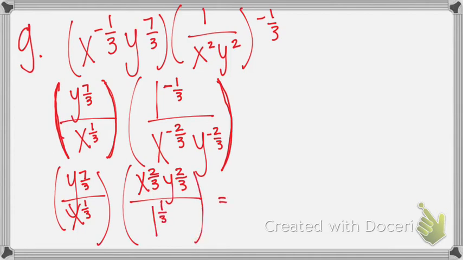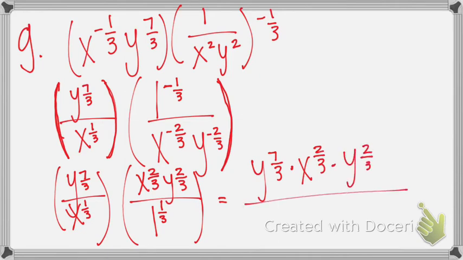All right, now I'm going to put everything together on the top. Y to the 7/3 times x to the 2/3 times y to the 2/3 over x to the 1/3. This right here, 1 to the 1/3, just equals 1.